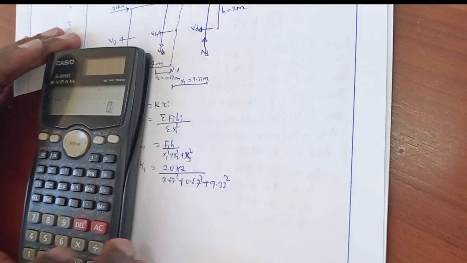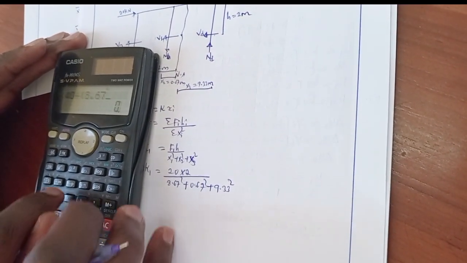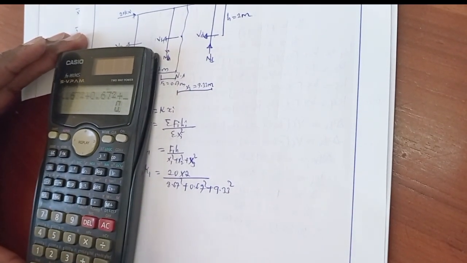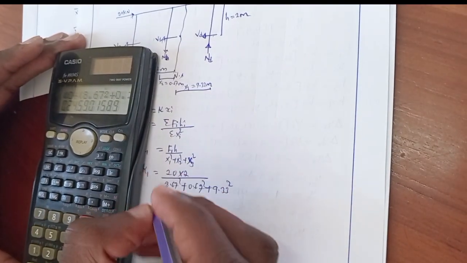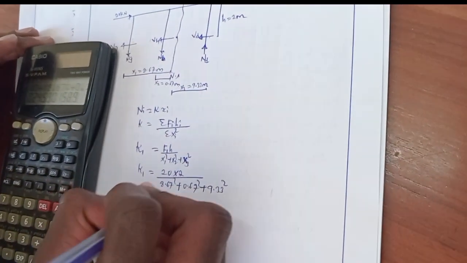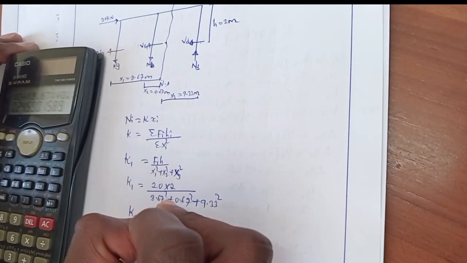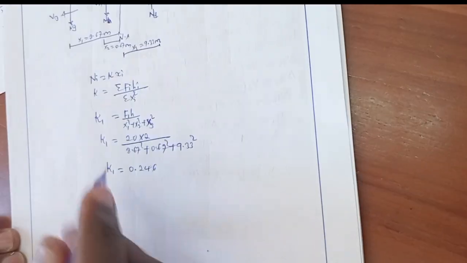Therefore, by using our calculator, K1 will be 0.246. Okay, this is for level 1.